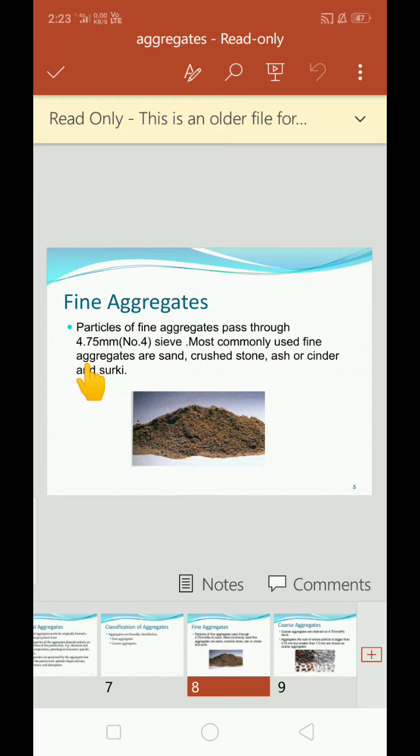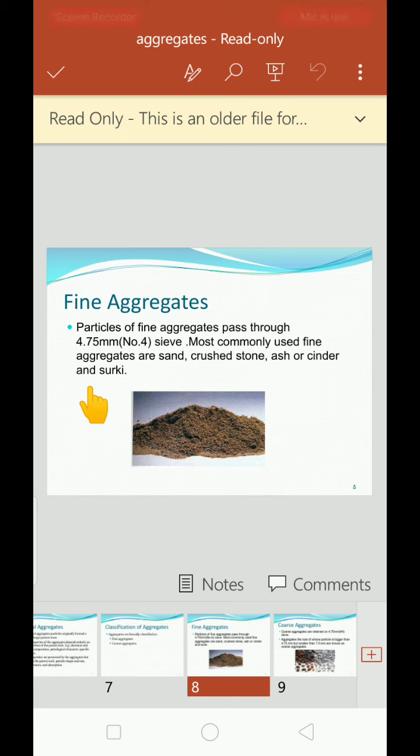If I list those sieve sizes, first comes 80 mm, next 63 mm, then 40 mm, 20 mm, 16 mm, 10 mm, 4.75 mm, 2.36 mm, 1.18 mm, 600 micron, 300 micron, and the last one is 150 micron.